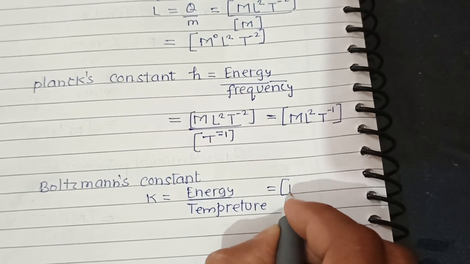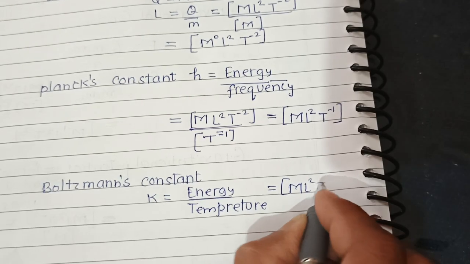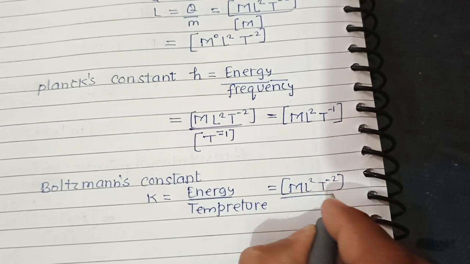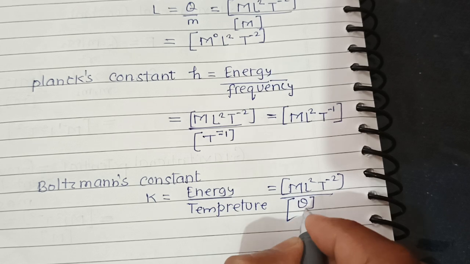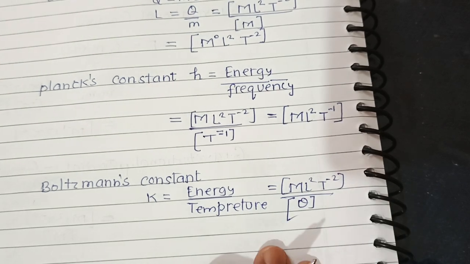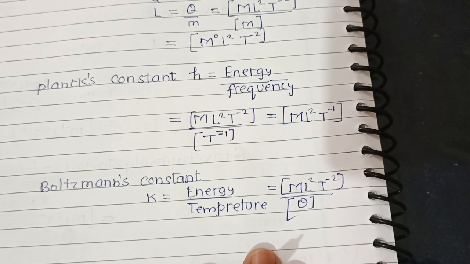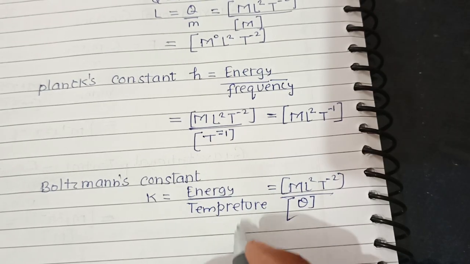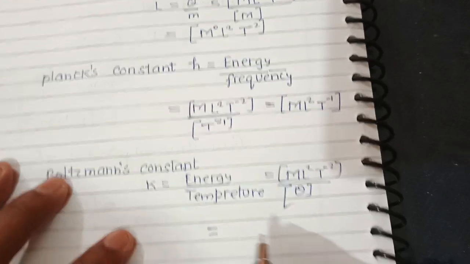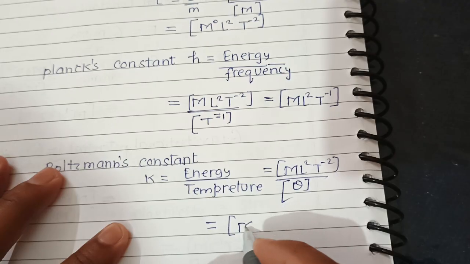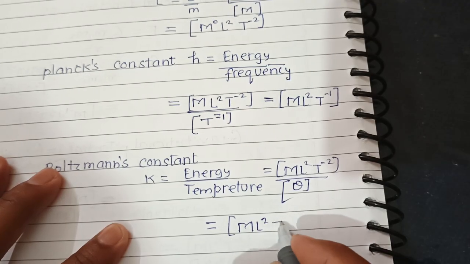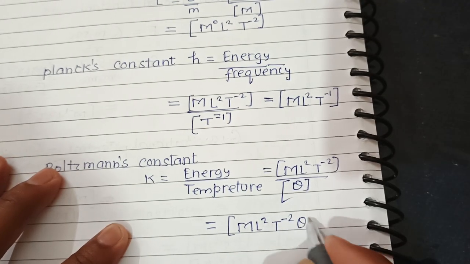Energy is dimension ml square T minus 2 and temperature is theta. So that is m l square T minus 2 theta to the power minus 1.